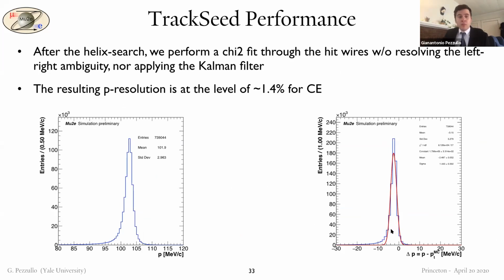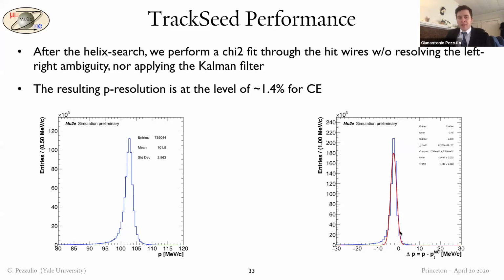Since we are not applying any Kalman filter correction, when we perform this chi-square fit it is a fit of a track with constant momentum in the tracker, and we don't resolve the left-right ambiguity. So we expect that shift, because we are underestimating the momentum at the entrance of the tracker.